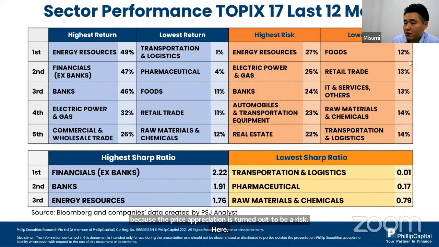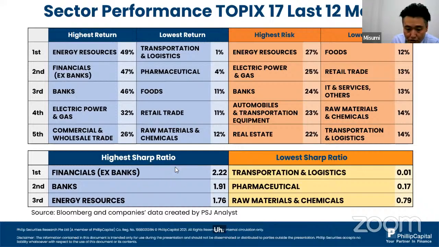Lowest risk was the food and retail trade. IT and services, the other, also includes some retail trade, retail stores on the IT services, so there's a similar risk character. Raw material and chemicals are second and third lowest.